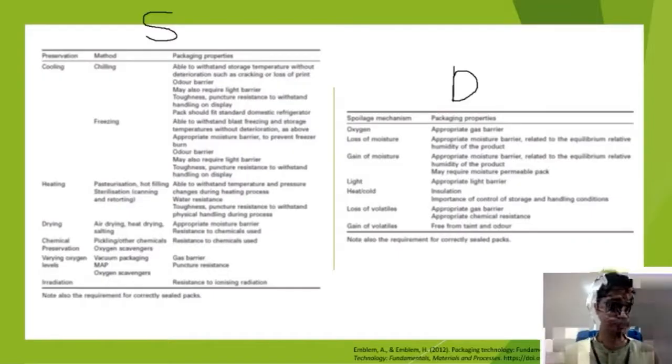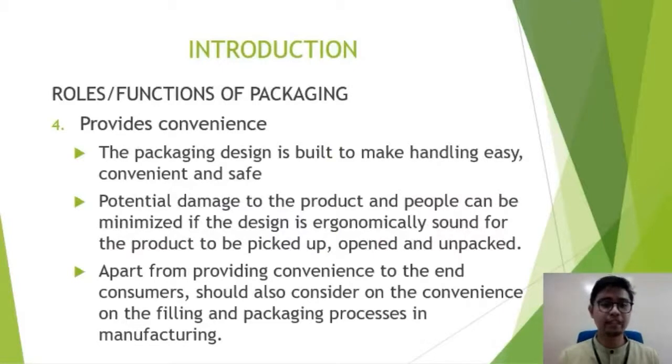The next role and function of packaging is that it provides convenience. So the packaging design must be built to make handling easy, convenient, and safe. The potential damage to the product and also the potential damage to the people that handle the packaging can be minimized if the design is ergonomically sound for the product to be picked up, to be held, to be opened, or to be unpacked. For example, here is the Tupperware bottle.